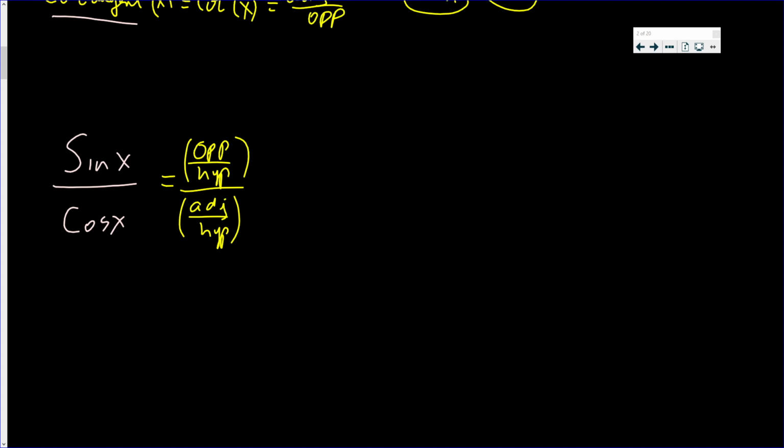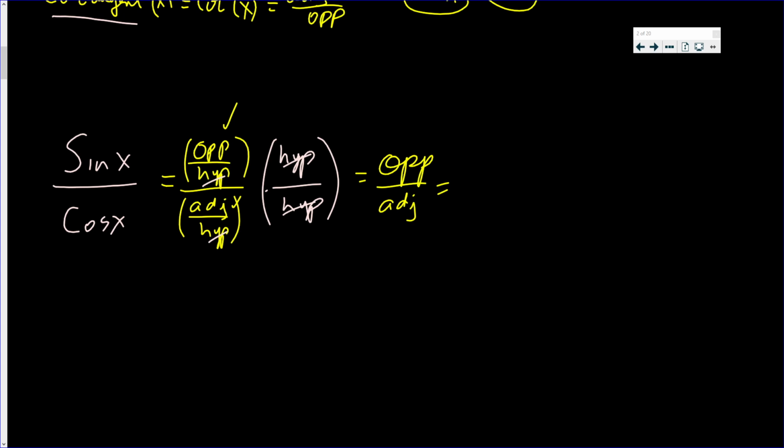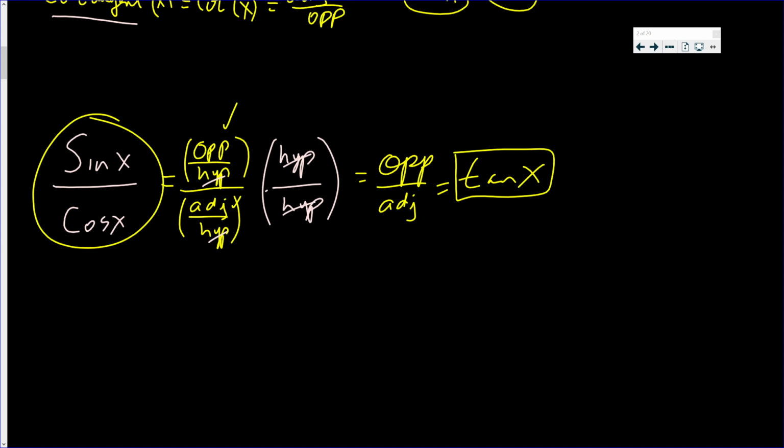I hope you realize that hypotenuse cancels out, because if I multiply the top by hypotenuse and the denominator by hypotenuse, all I did was multiply by 1. And what I get is opposite over adjacent. Oh, but that's the tangent of x. Yes, the tangent of x is sine x over cosine x.